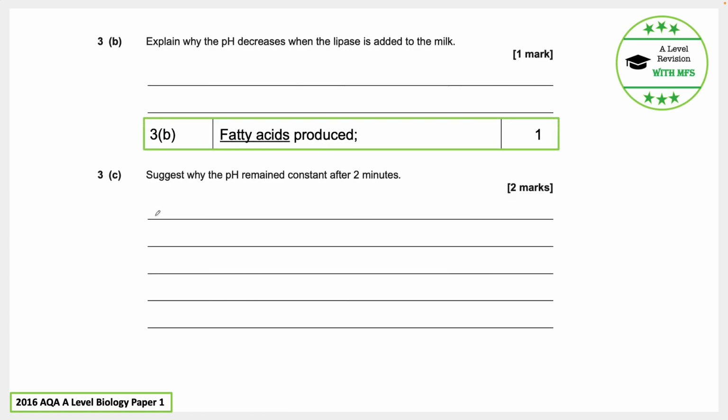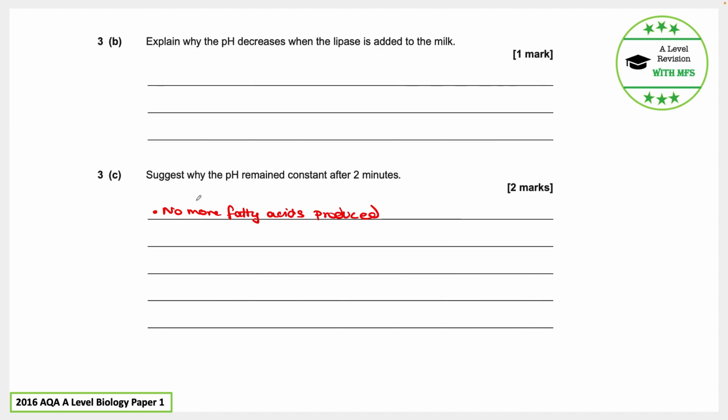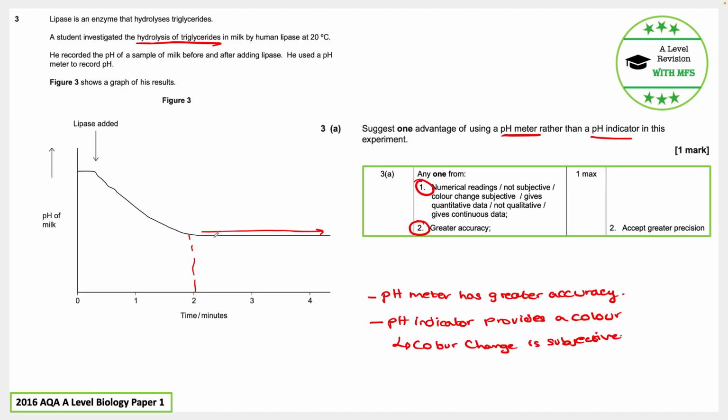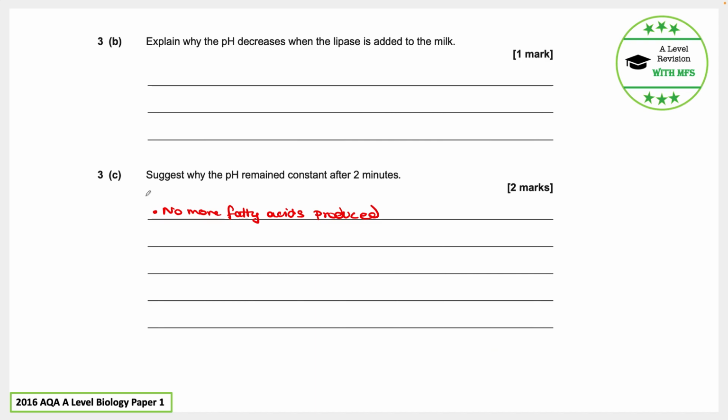Okay, so I would say that no more fatty acids produced, and because if we go back here, the line is strictly horizontal, it doesn't sort of slowly decrease, it's strictly horizontal. That tells us that all the triglycerides have been used up.